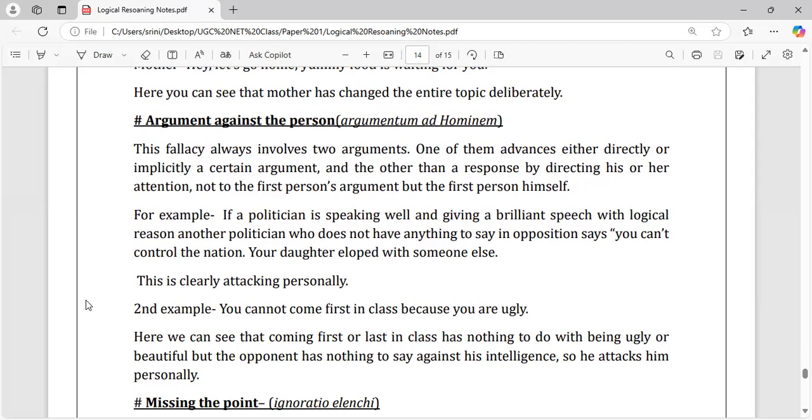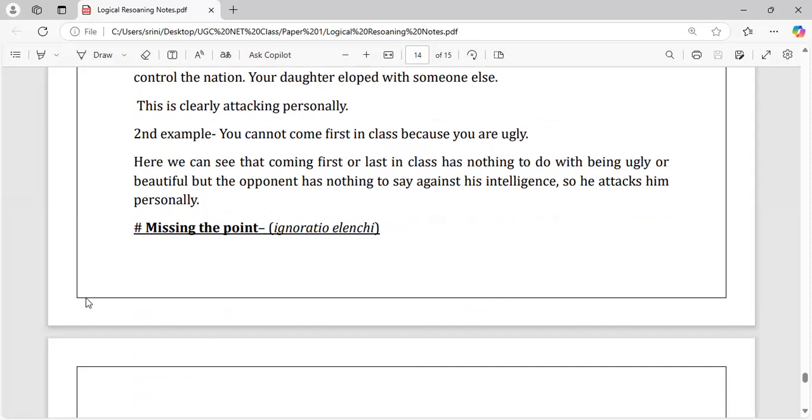One politician is giving a brilliant speech and making points which lead to a progressive nation, and another party leader who has no points to explain just attacks the person instead of the point. Hate the idea, not the person. This is clearly attacking personality.